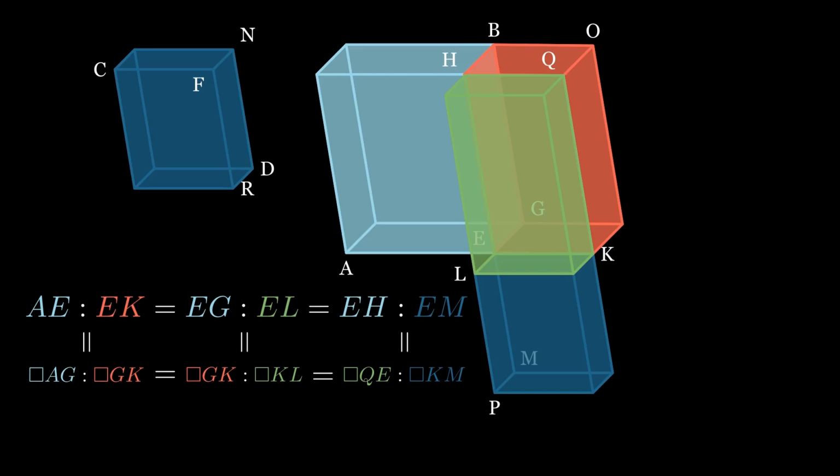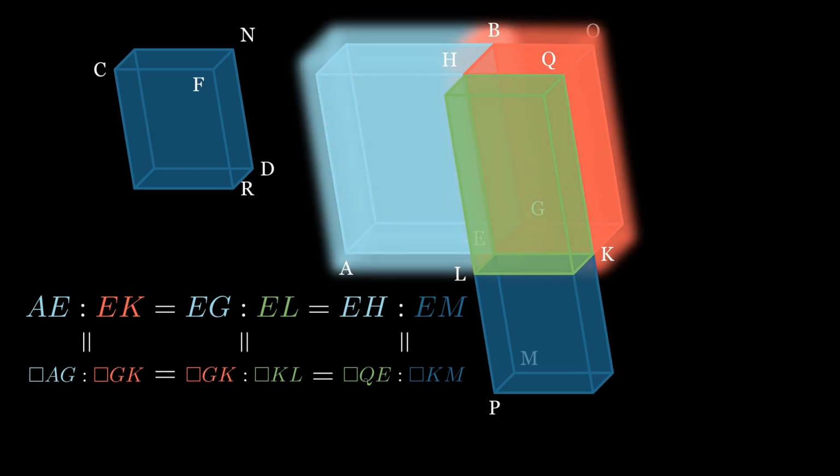But we showed in the previous proposition that parallelepipeds of the same height are in the same ratio as their bases, so focusing on parallelepipeds AB and OE, parallelogram AG to parallelogram GK is proportional to parallelepiped AB to parallelepiped OE.